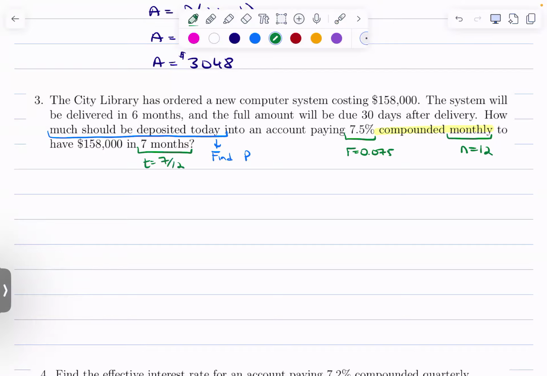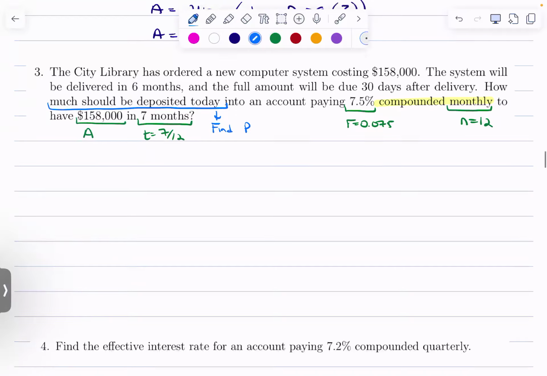Right. And then the 158,000 has to be our A, our accumulated amount, because that's how much we need.